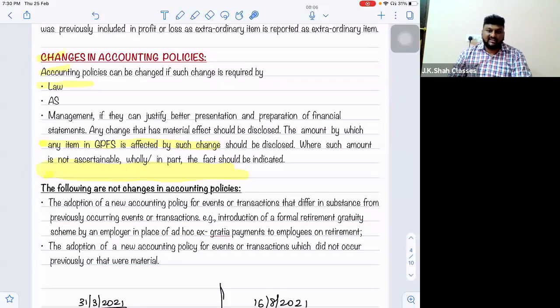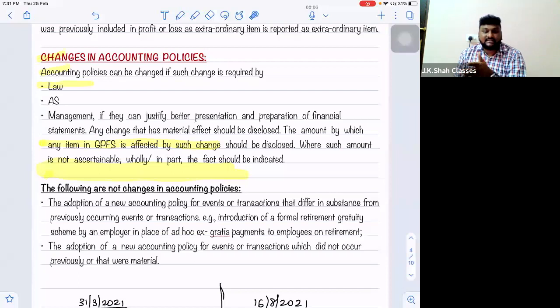Anybody with any doubts or queries still here or with any part of the topic, please raise it. See, if you have still not got the difference between policies and estimates, policies are what? Policies are the rules or regulations that you adopt for preparing financial statements.